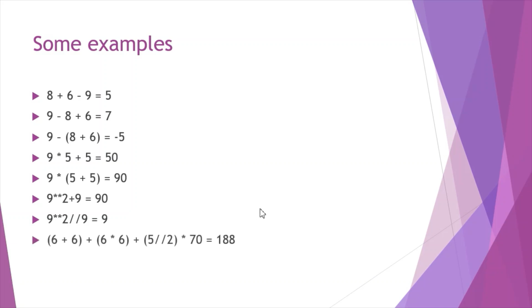And this is a very complicated one right here, but as I say, we just do the parenthesis first and we do them left to right. So this one is 12, this one is 36, and then 5 divided by 2 is of course 2.5, I believe, but we have the double slash here, so it is just 2. So we just get rid of the remainder completely.